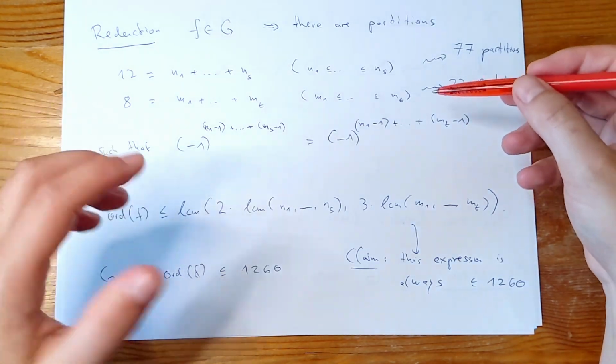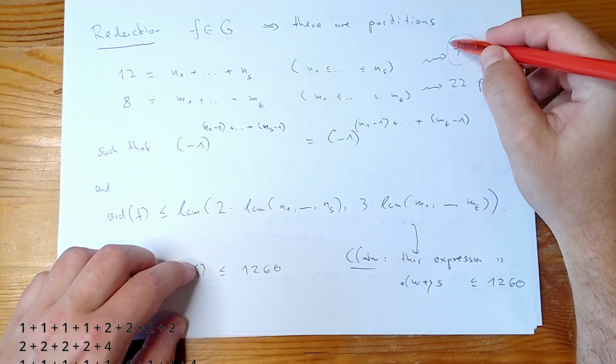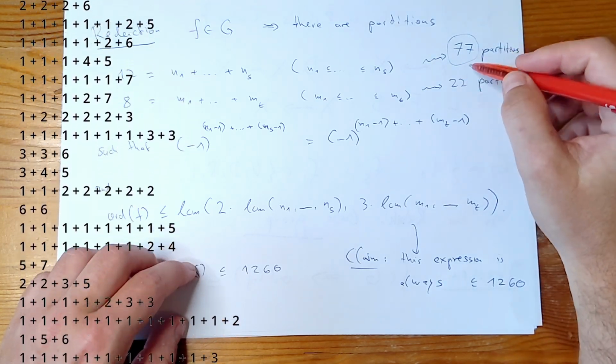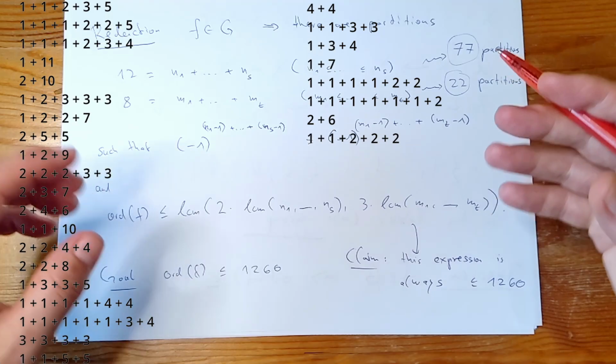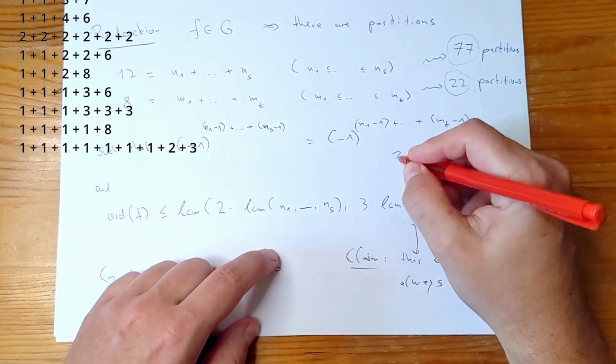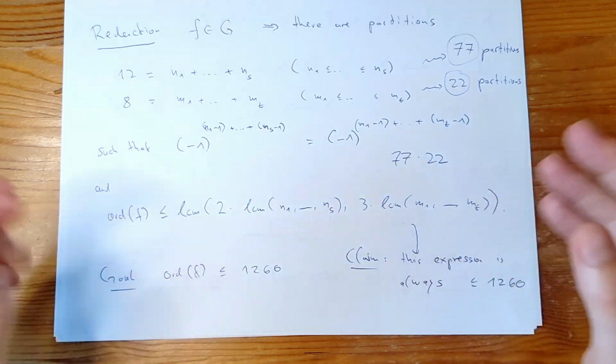So theoretically, if we want to do this by hand, we would need to check all the 77 partitions of 12 and also all the 22 partitions of 8 and then match them up. So this makes 77 times 22 pairs, which is a lot.